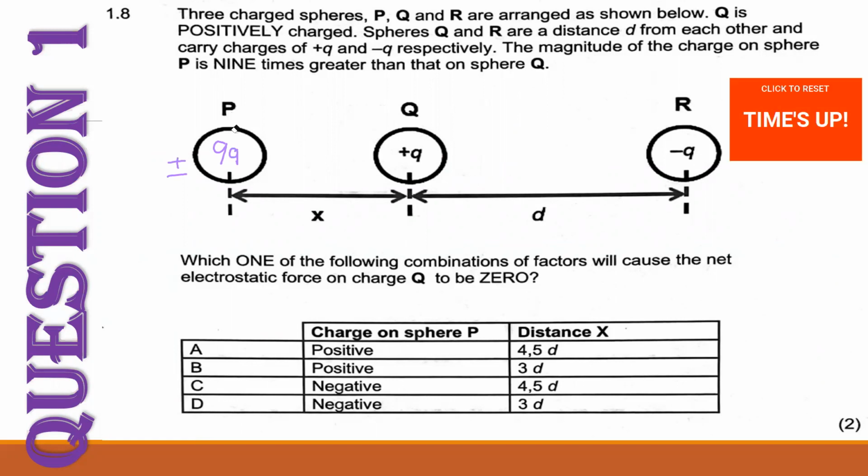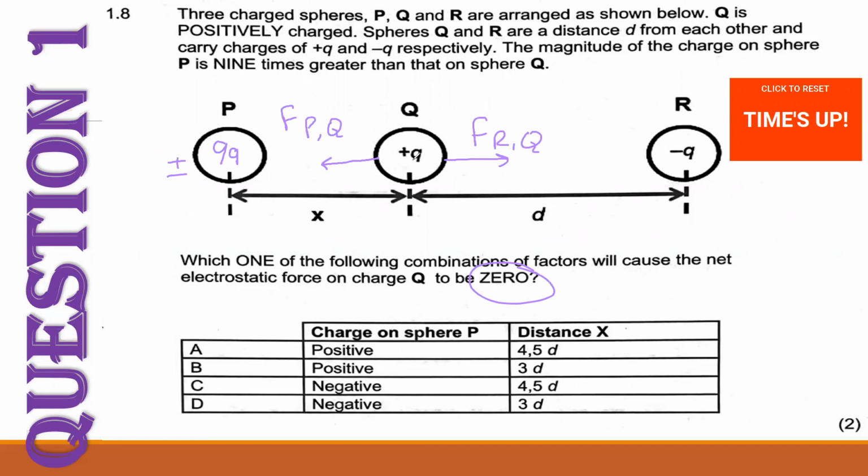Now I can explain. We have the force on Q, named FRQ, and we draw it this way because we know the net force on Q equals 0. So FPQ goes the other way.